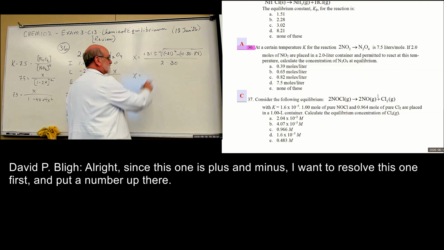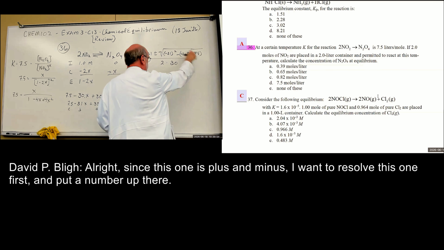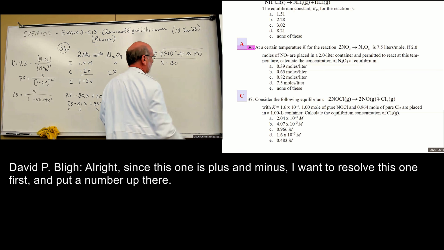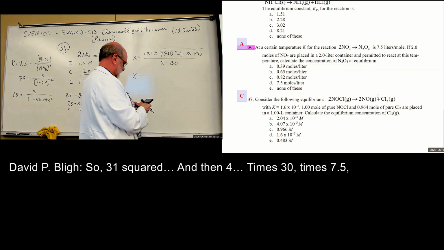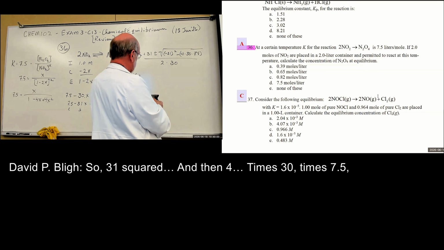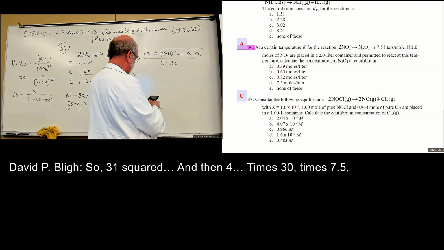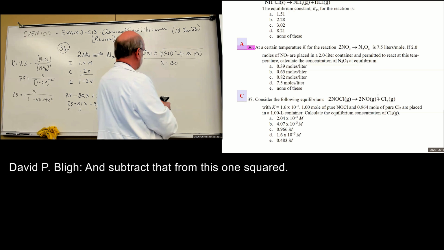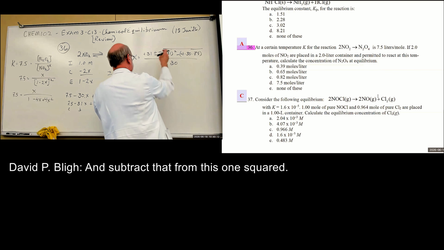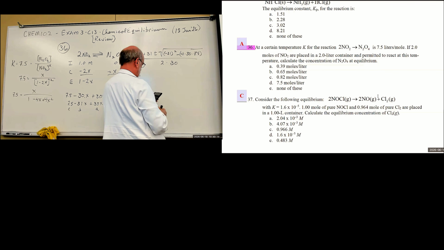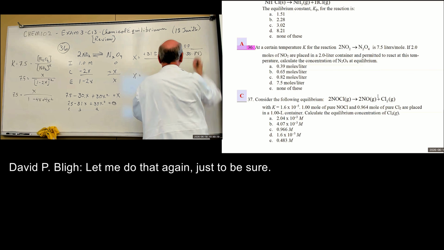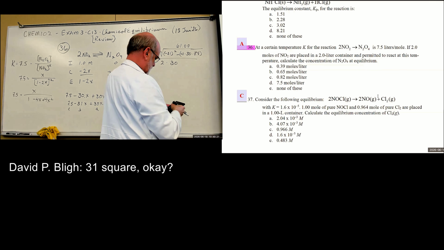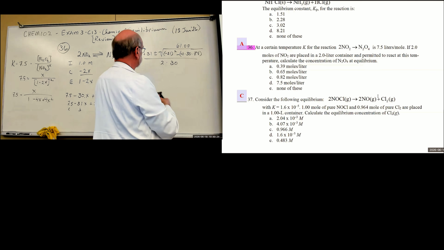Okay? All right, since this one is plus and minus, I want to resolve this one first and put a number up there. So 31 squared, and then 4 times 30 times 7.5, and subtract that from this one squared. And I get 61. Let me do that again just to be sure. 31 squared, okay.